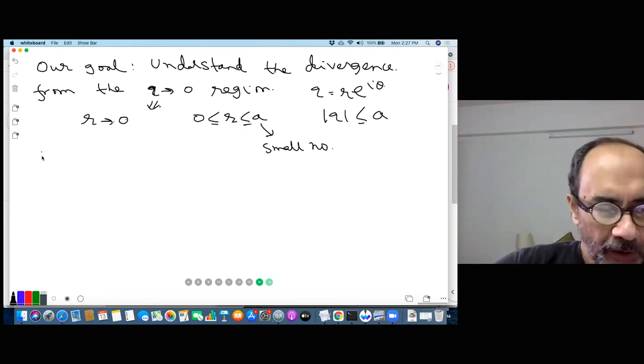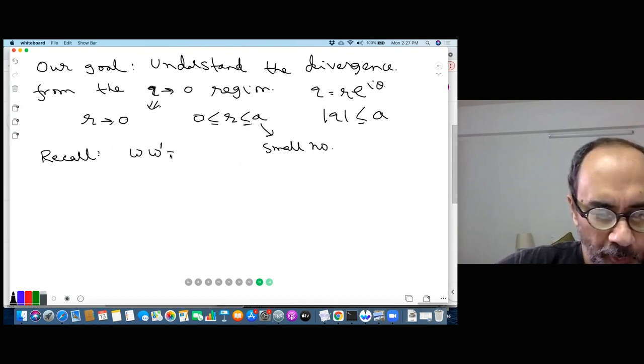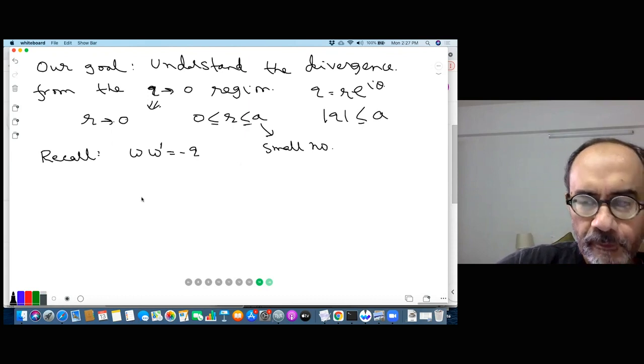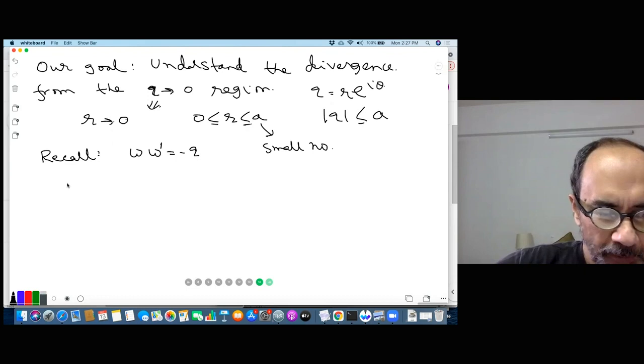So you recall that q was introduced through this plumbing fixture relation, w prime equal to minus q. If you want to restrict to this region, what we can do is the following. We write this as w over root a, w prime over square root of a equal to minus q over a.